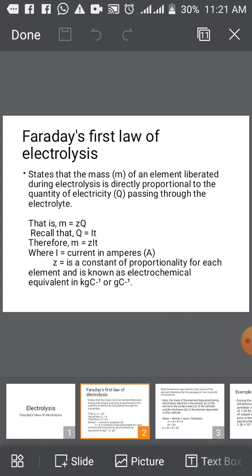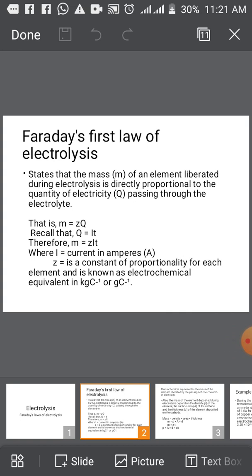Faraday's first law of electrolysis states that the mass m of an element liberated during electrolysis is directly proportional to the quantity of electricity Q passing through the electrolyte.